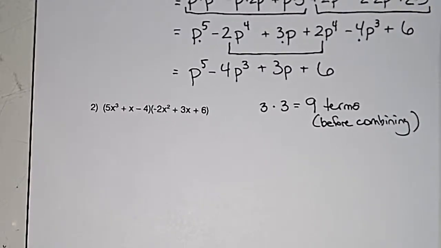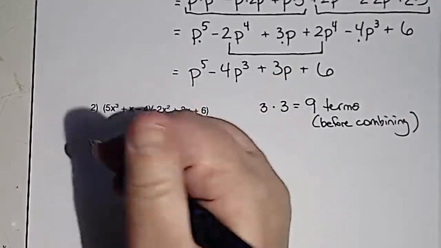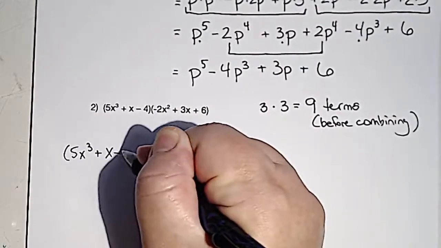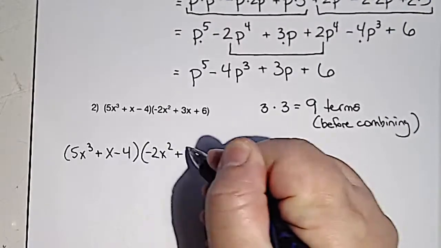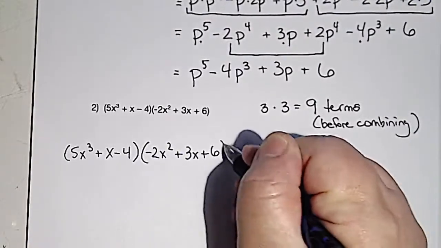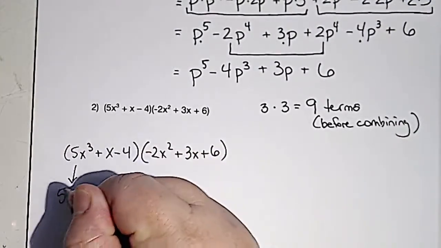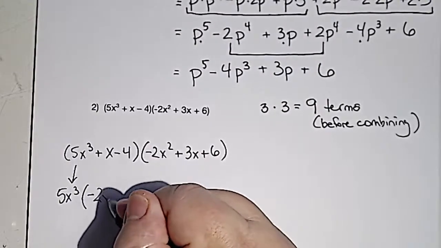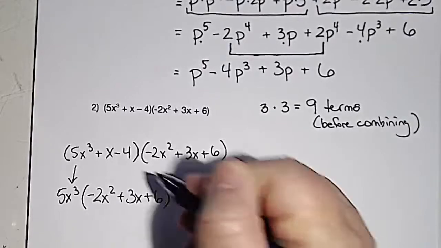So exactly the same method. I'm going to break up the very first one. So I've got 5x cubed plus x minus 4 times the quantity negative 2x squared plus 3x plus 6. Okay, you guys ready? 5x cubed times the whole second trinomial, negative 2x squared plus 3x plus 6.